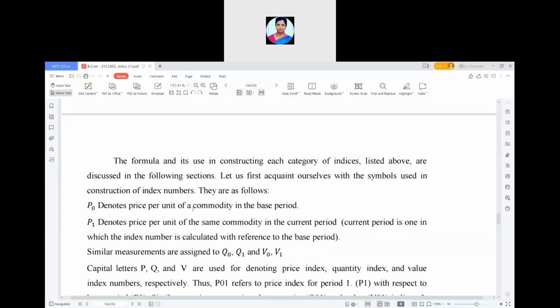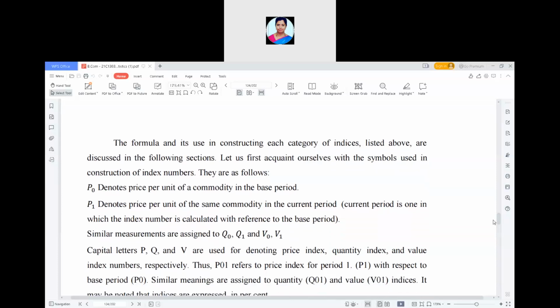Similarly, the capital letters P, Q, and V are nothing but the price index, quantity index, and value index numbers respectively. So P naught 1 refers to the price index for the period 1.